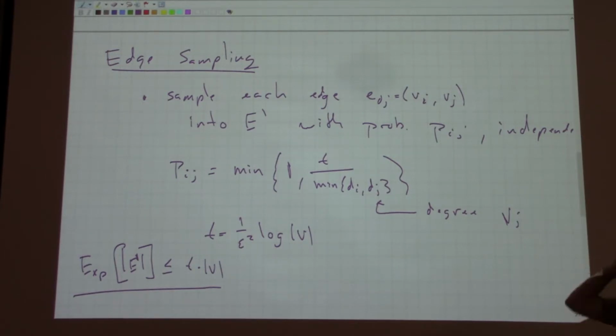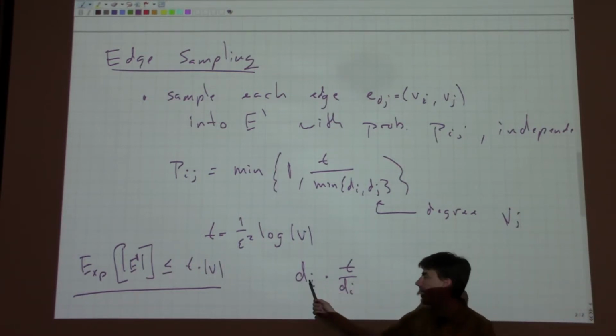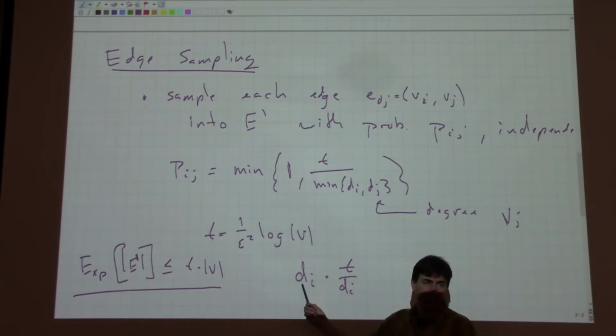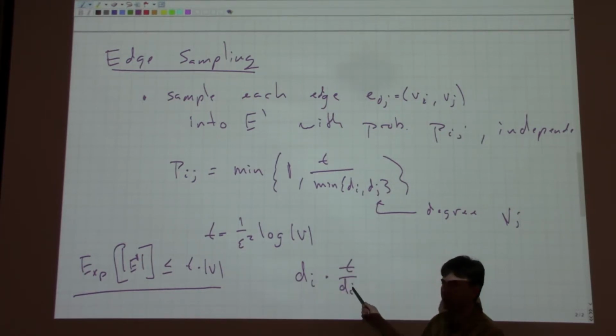So the expected number for each vertex is at most its degree times t over its degree. I assign at most this many edges to the vertex vi, and then I keep it with this probability, because I assigned it to the one with the smaller degree.